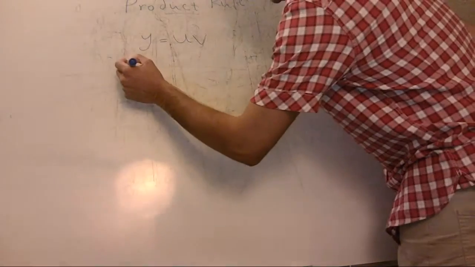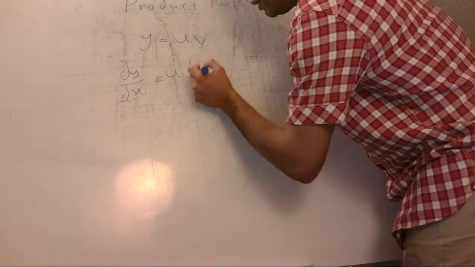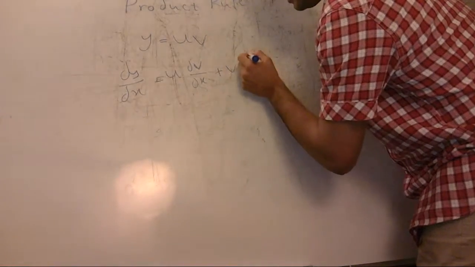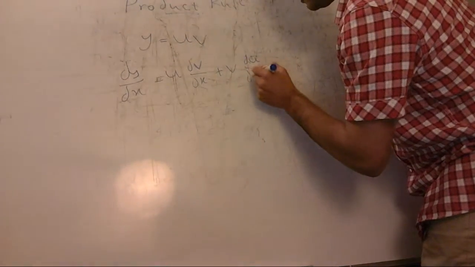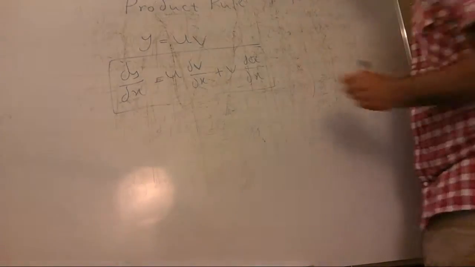So dy/dx is equal to u dv/dx plus v du/dx. Now this is the formula for product rule.